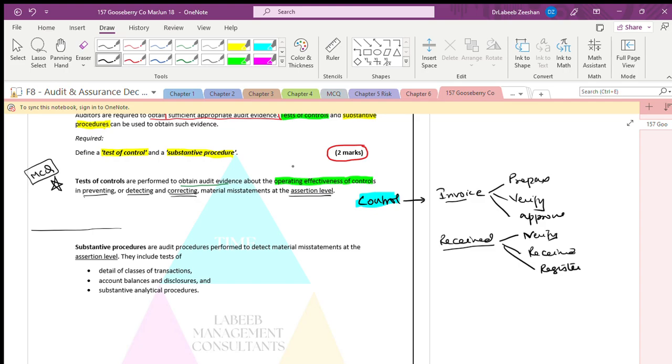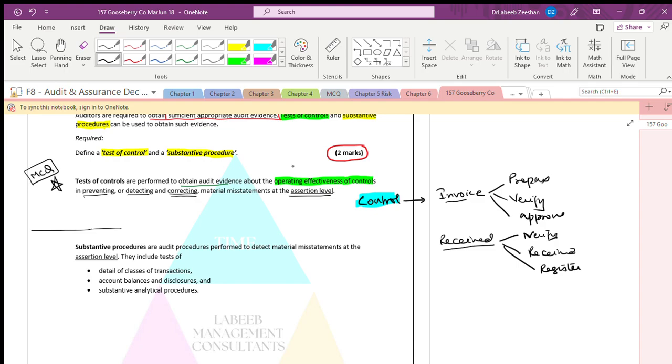Coming back to this, what is the substantive procedure? In simple terms, we are going into detail about each and everything. We cannot rely on one task and say that yes, it is fine.